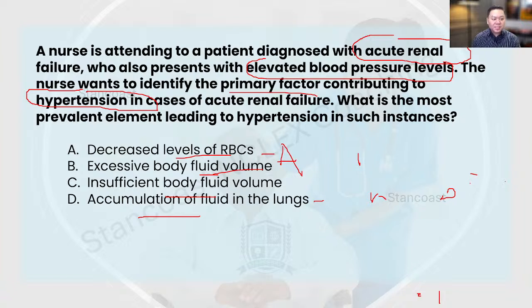Remember, there is that data here. The patient is hypertensive, right? And so at this point, the kidneys basically have an abrupt loss of ability to excrete the fluid along with the byproducts of protein metabolism. So again, our problem basically here is fluid volume overload.